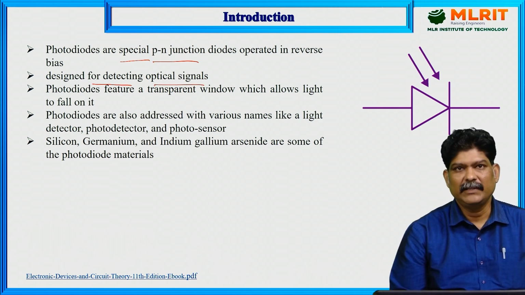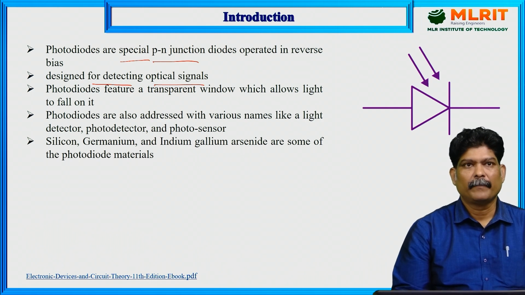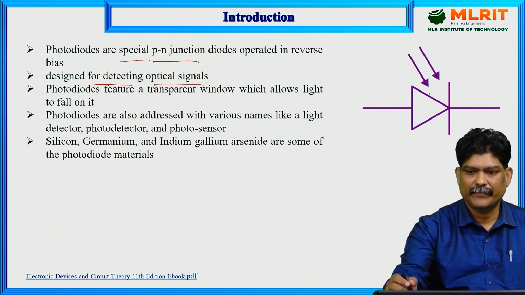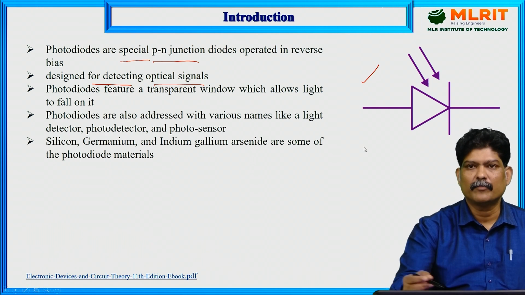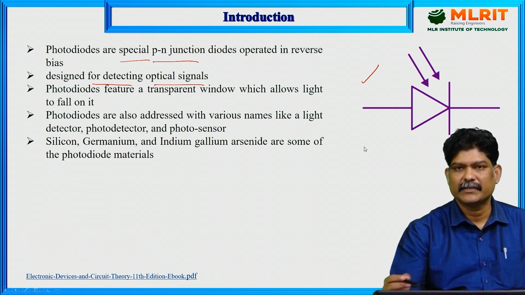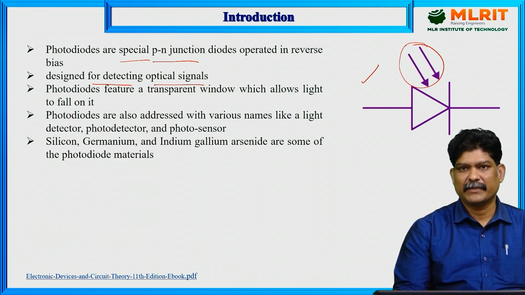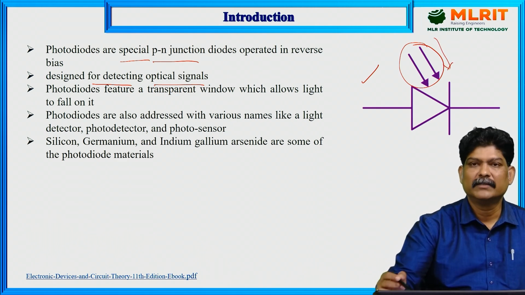You can observe here the symbol for the photodiode. It looks like a normal PN junction diode except these arrows. What do these arrows represent? These arrows represent light impinging on the diode.